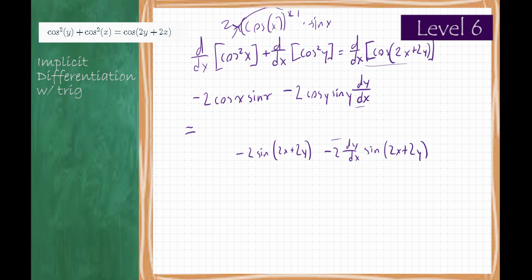So we're adding the minus 2 cosine y sine y to both sides. So we'll have 2 dy over dx sine of 2x plus 2y minus 2 dy over dx times cosine y sine y. And this will be equal to all those right hand expressions.